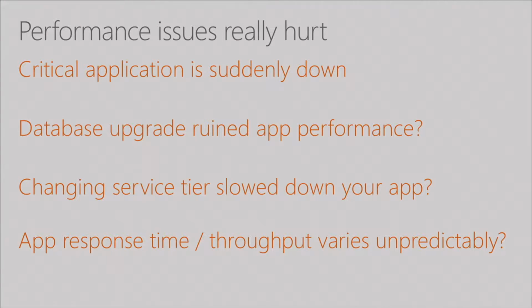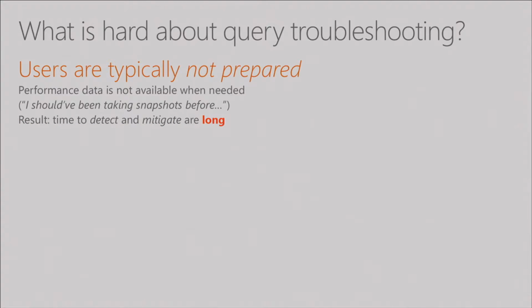In some cases, it really depends on your application patterns. And finally, performance can be experienced as a big variability of the response time and of the throughput that your application has, which means that you cannot rely on your application. You cannot plan. You do not have sustainable and predictable throughput and performance. All of these situations need your immediate attention.